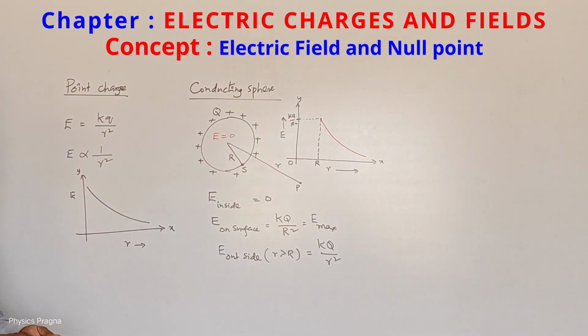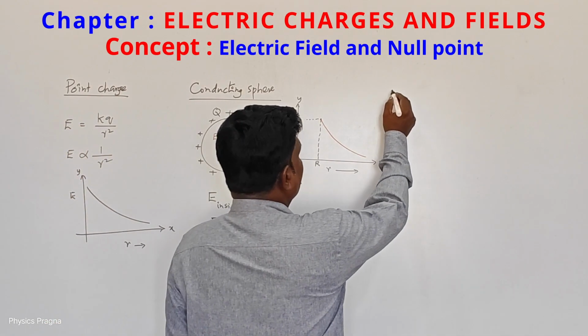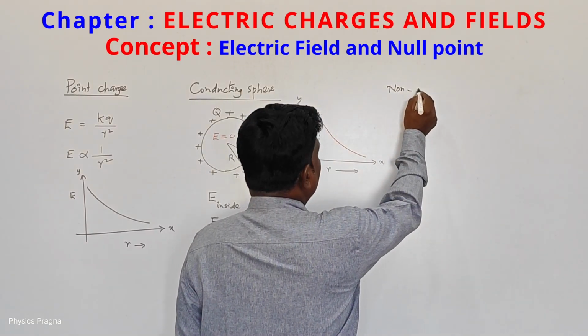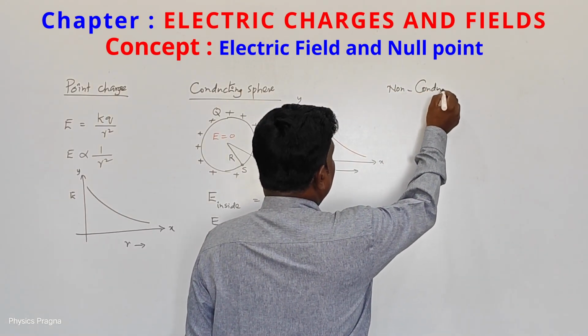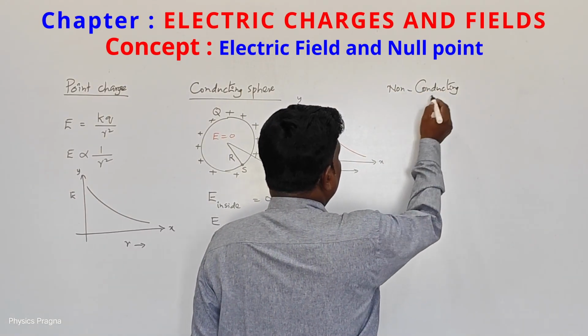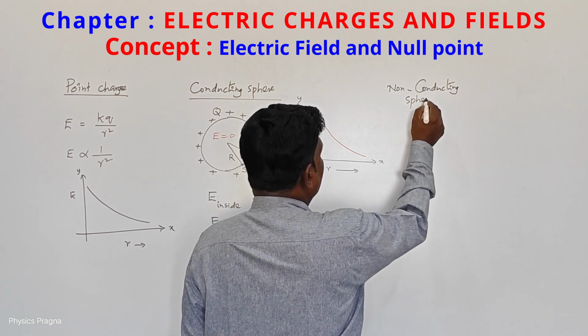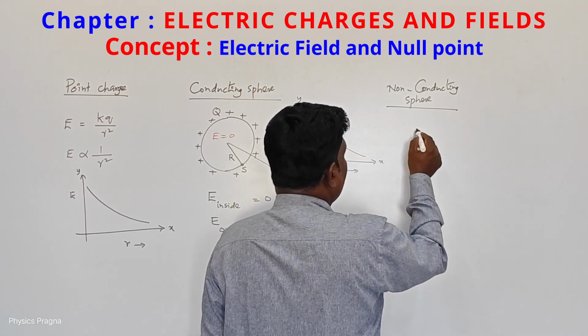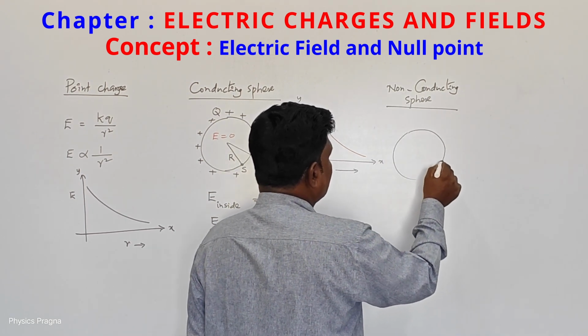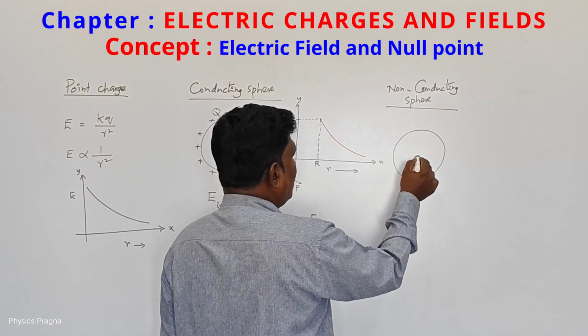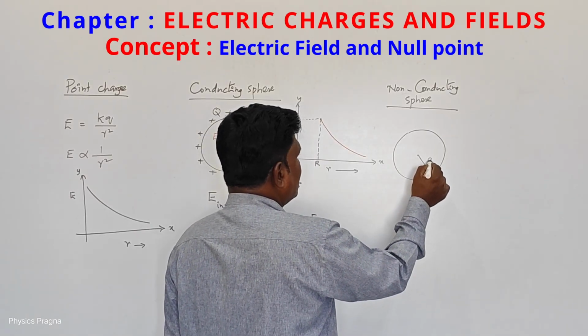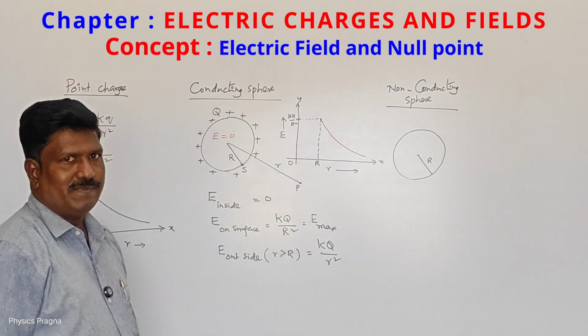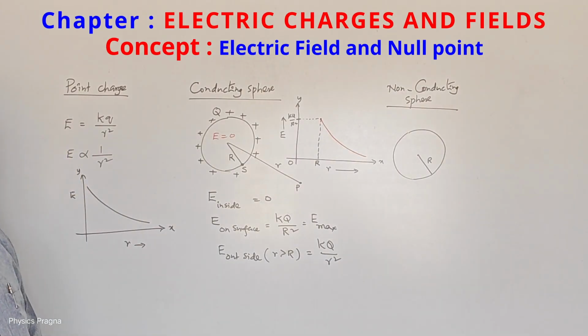Let us take a non-conducting sphere. So I have taken a sphere of radius r. This is a non-conducting sphere, insulator, bad conductor.